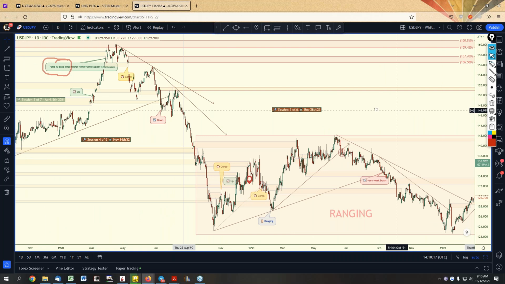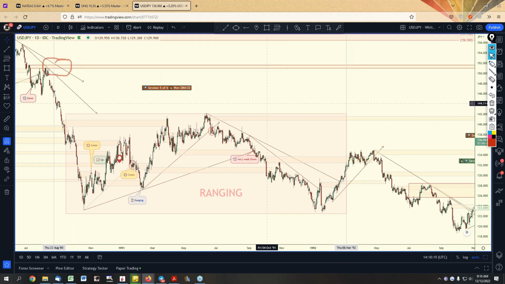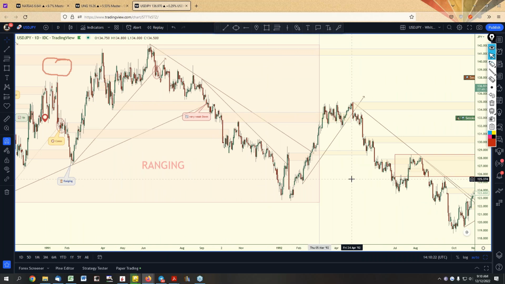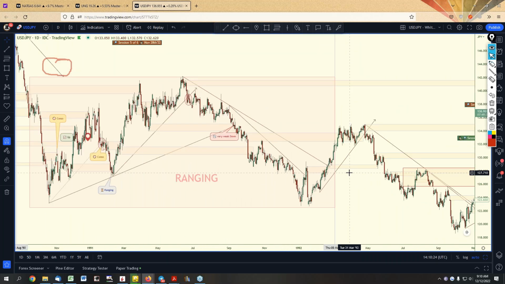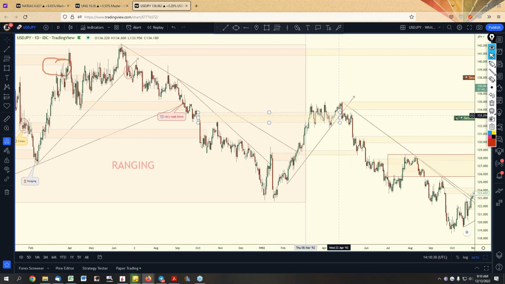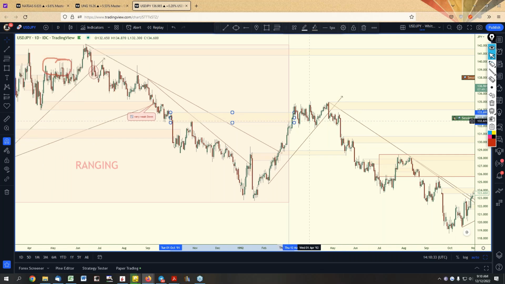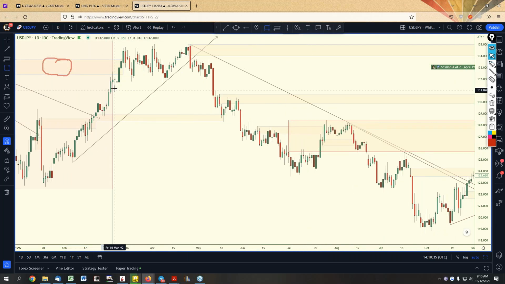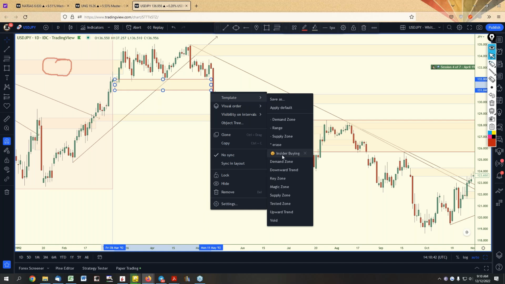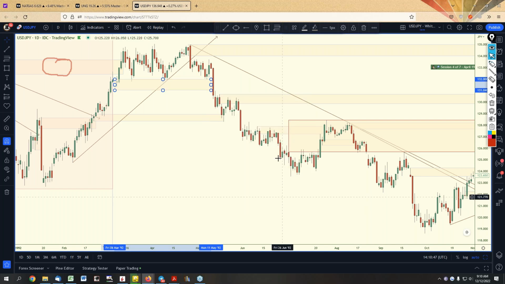All right, so let's move forward. Okay, so what do we got? We got price moving to the upside, removing some supply here, creating a demand right here. And then creating some supply here.